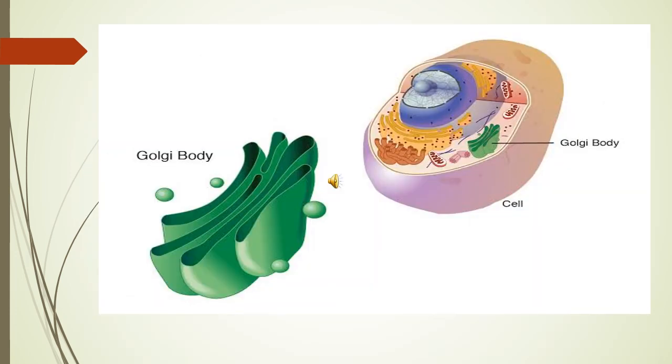Look at the picture. This is Golgi body. The Golgi apparatus is a membrane-bound organelle found in most cells. It is mainly responsible for packaging proteins and for secretion, and therefore plays a key role in the secretory pathway.